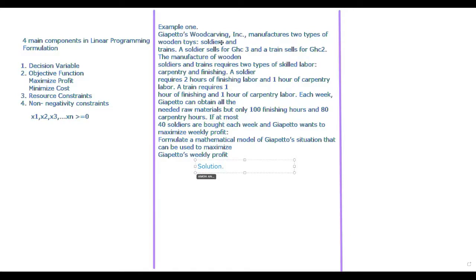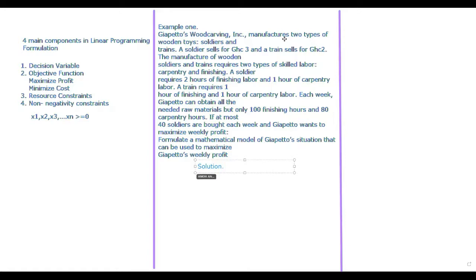So the 2 includes the wooden toys. You get it? The first one is soldier toys, and the second one is train toys. So the decision variables are 2: soldier toys and train toys.